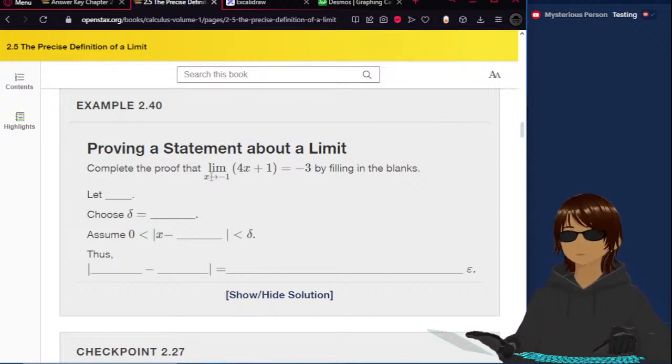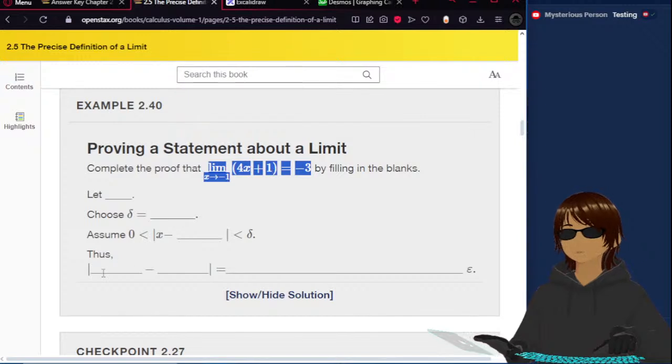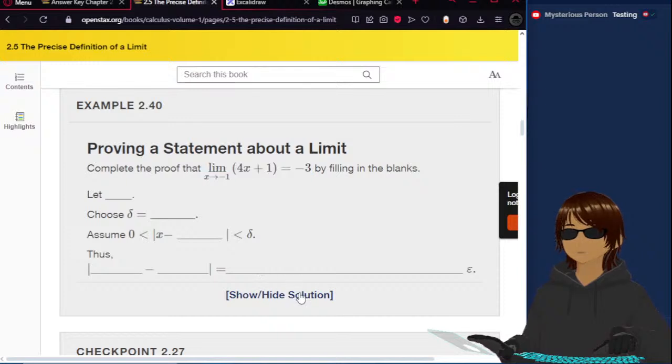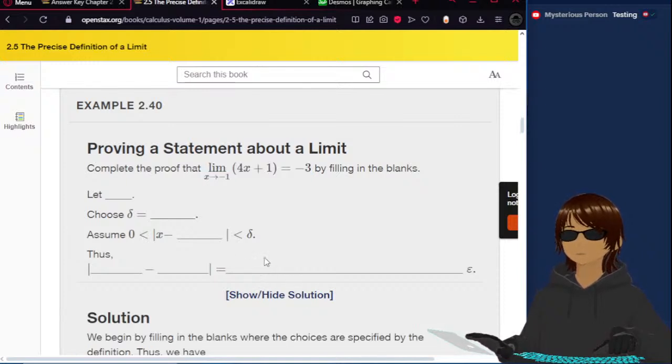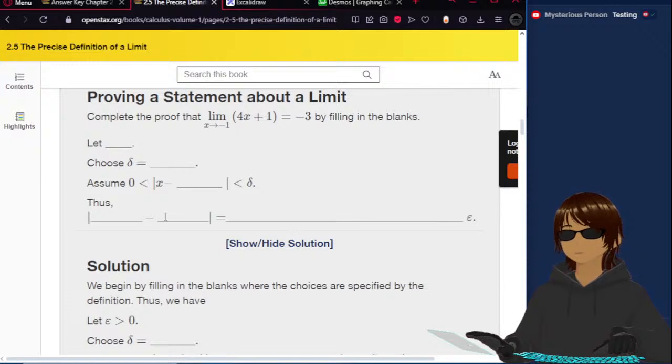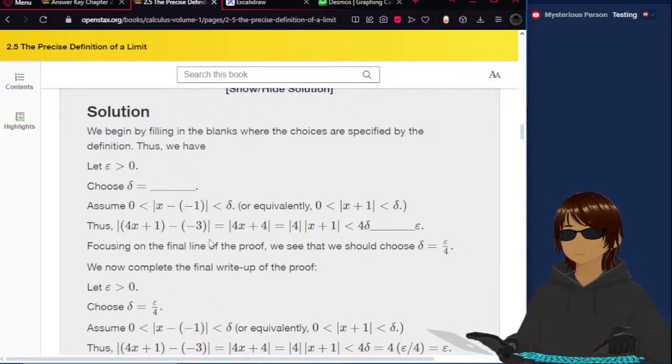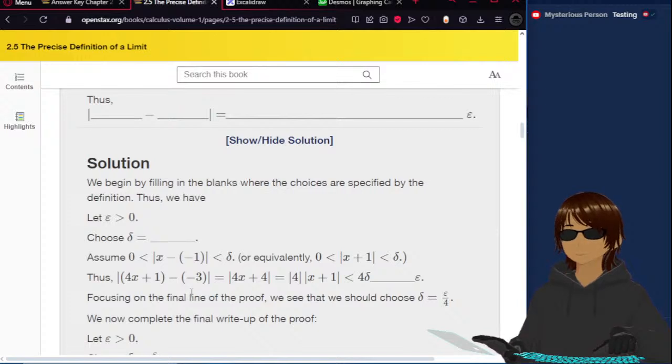Thus, this 4x plus 1 minus 3 is for delta, epsilon.